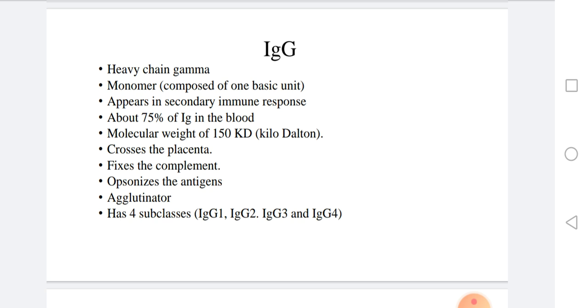It crosses the placenta from the pregnant woman to her baby in the uterus. It is the only immunoglobulin that crosses the placenta. It fixes the complement. It opsonizes the antigens to facilitate phagocytosis by the phagocytic cells. It mediates agglutination, so it is an agglutinator. It has 4 subclasses from 1 to 4.